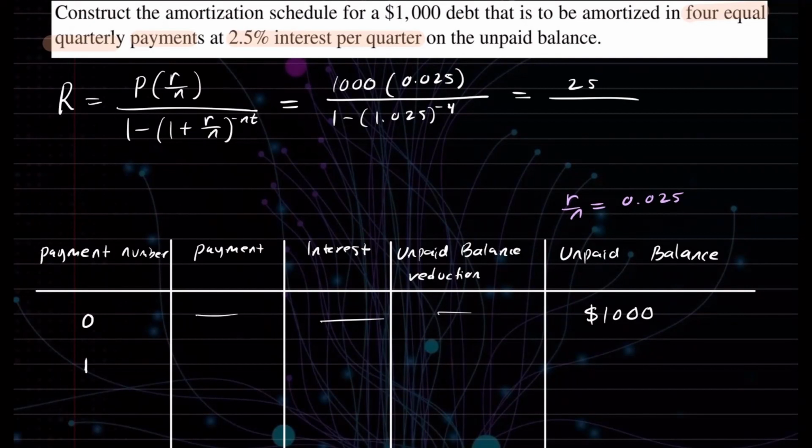So that's 1 minus 0.90595, which is 0.09405. And this tells us we have 25 divided by 0.09405. It's about $265, and I'm going to round it to the nearest cent, 82 cents. So this is the payment you're going to be making every quarter.